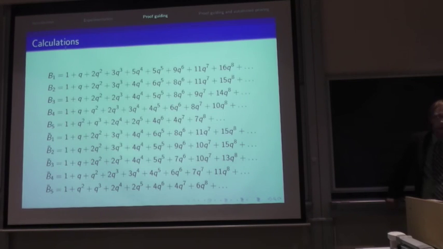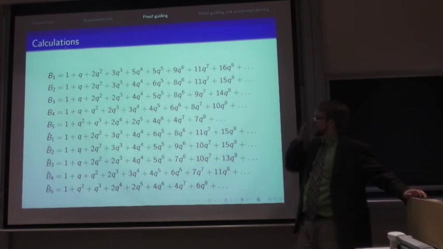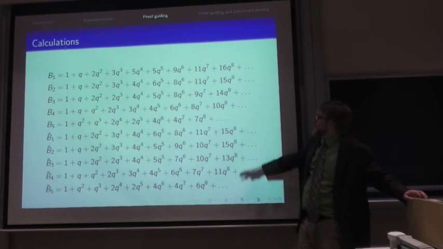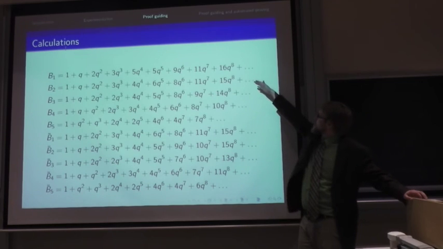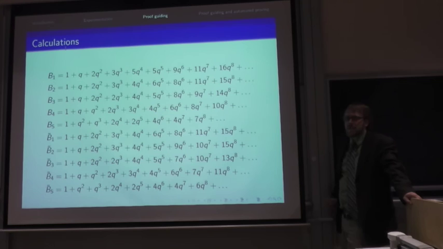And so using this, I think these are the calculations that we came up with for k equals 5. So here are all of the generating functions. I only show up to q to the 8th. I think in practice we did this out to like q to the 40th power or something like that.